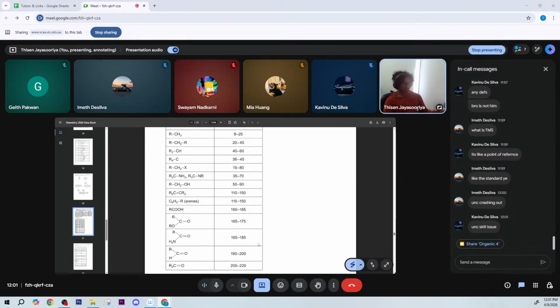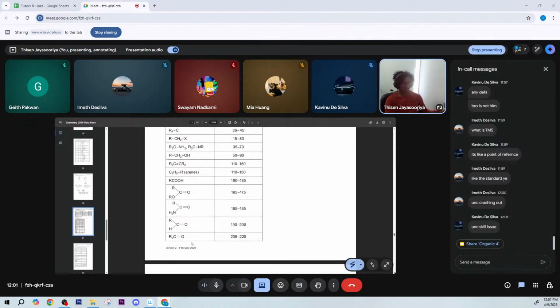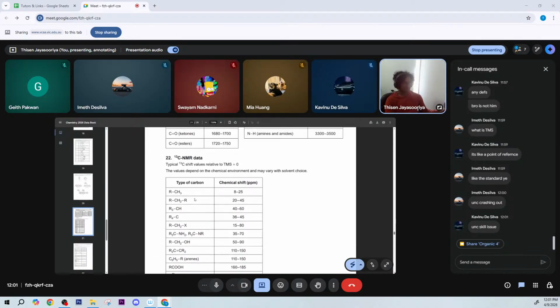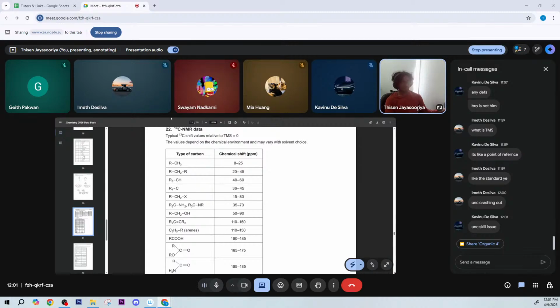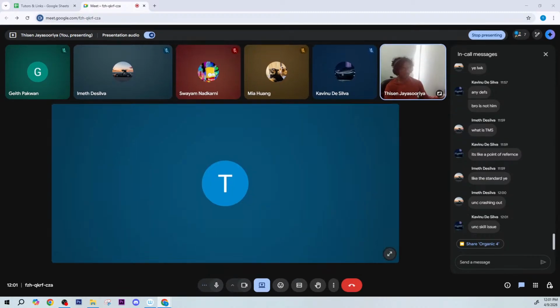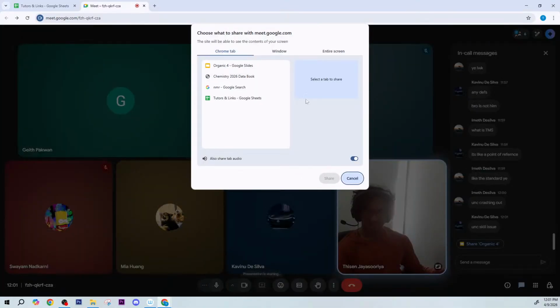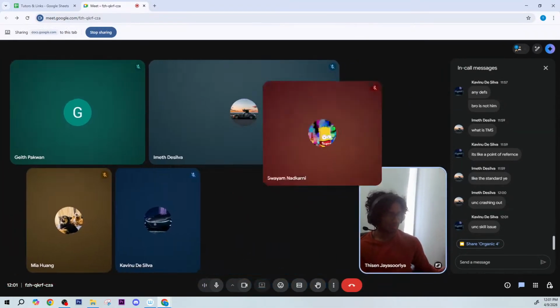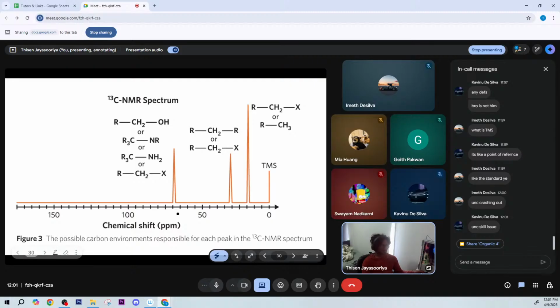Essentially, it tells us what could be causing each one of these peaks. So this peak is at about 70 to 80. I can't really tell because the scale is really bad.